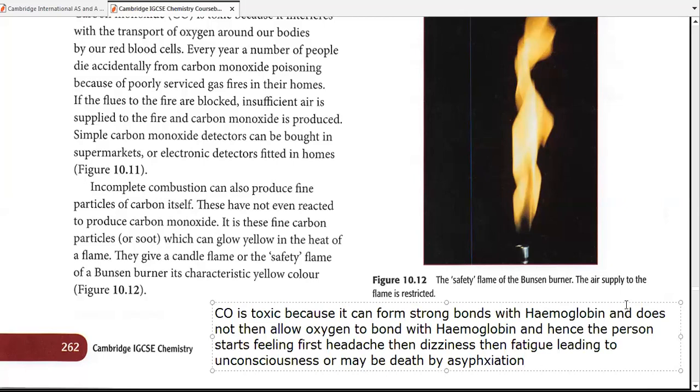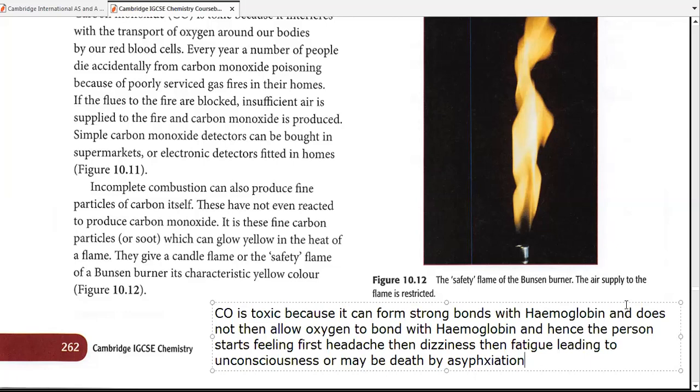Hemoglobin is responsible for carrying oxygen from lungs to the rest of the cells of the body and carrying back carbon dioxide from the rest of the cells of the body back to lungs.